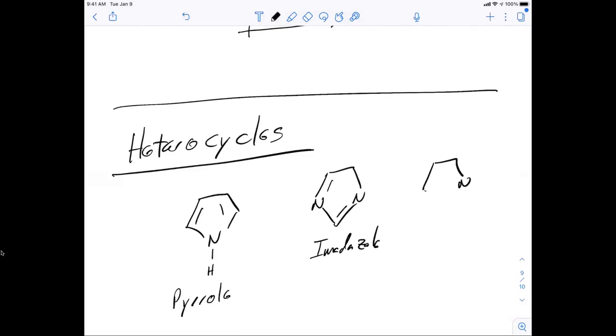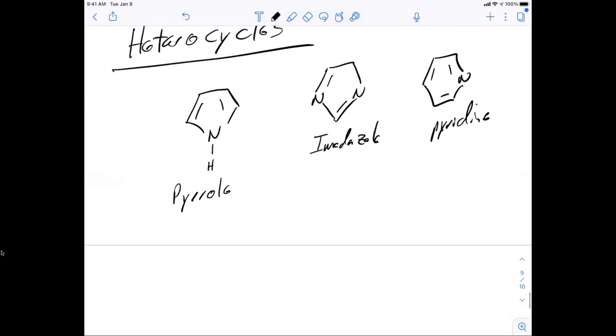And then we know pyridine, we've seen that one quite a bit. Most of these are biologically active, important molecules. They usually are proton sinks, so they can accept a proton or give away a proton. When you see pyrrole in a molecule, sometimes it's a positive proton, meaning it's going to give away a proton. And when you look at pyridine, it's going to accept a proton.